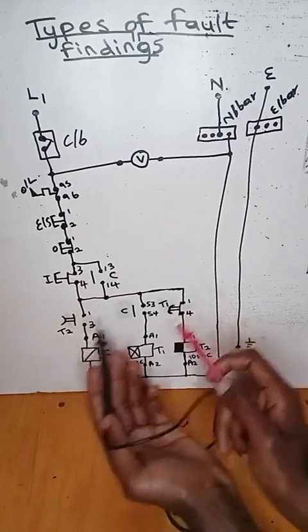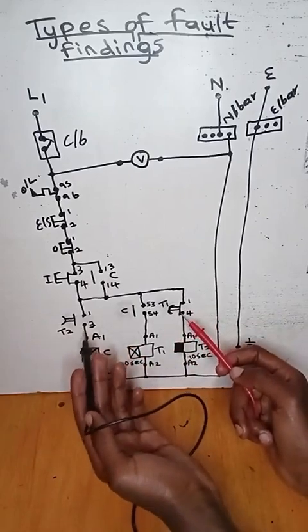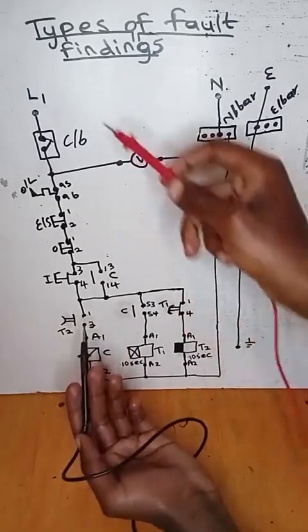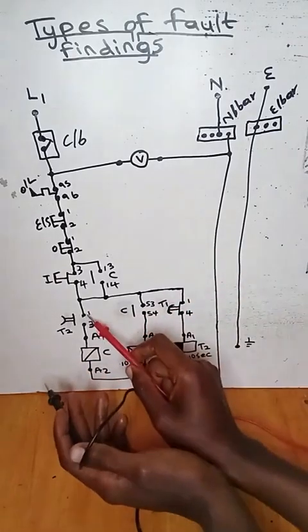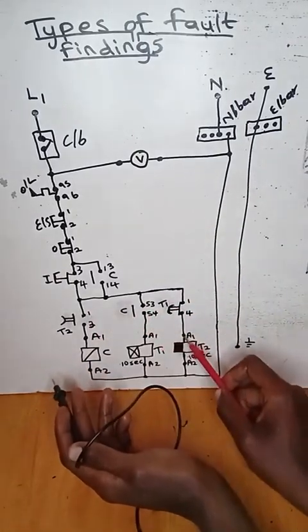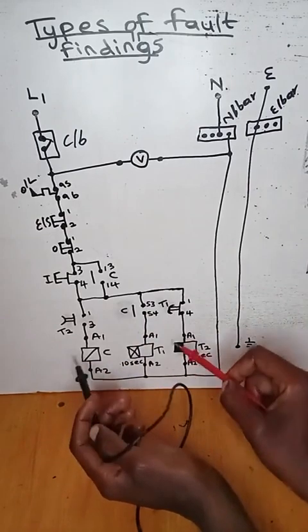So we cannot push anything to let the current flow until A1, so that we can test from here until here, right? So right now our live current is trapped here, here, and at the A1 of the coil of the delay timer.